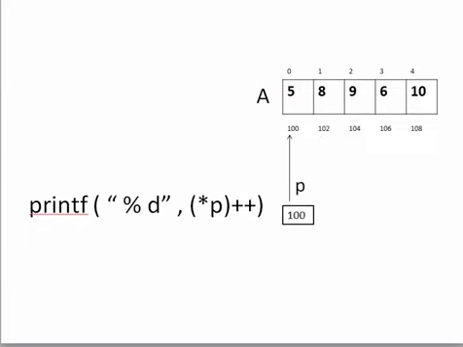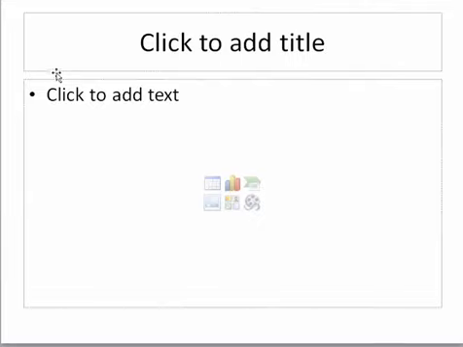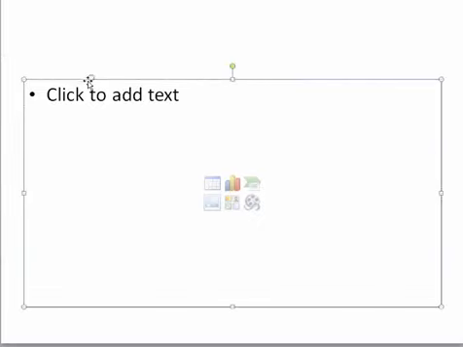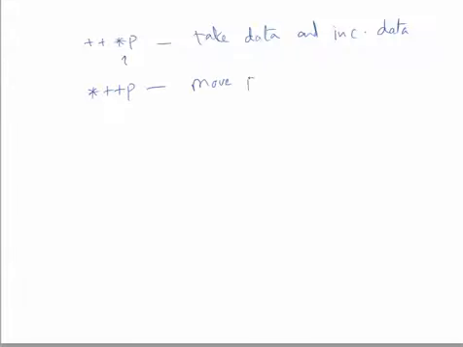So finally we can say that plus plus asterisk p means take the data and increment the data, because the first is reading the data and then incrementing the data. Plus plus asterisk p means move the pointer to the next element and read the data.